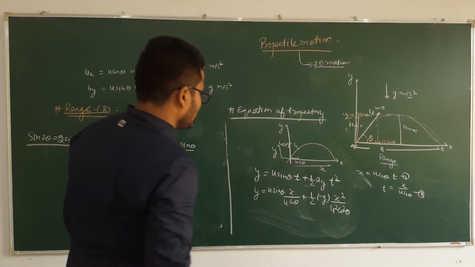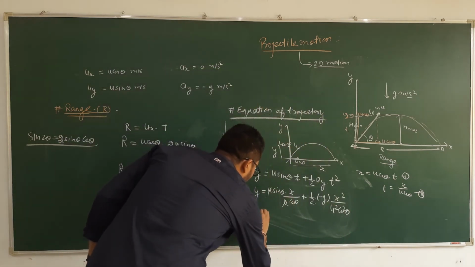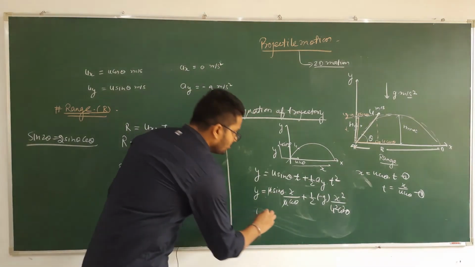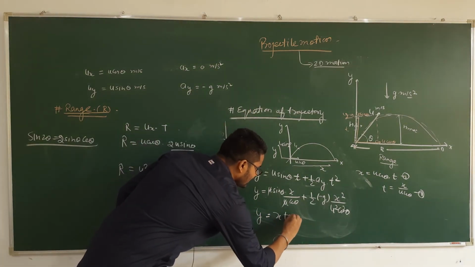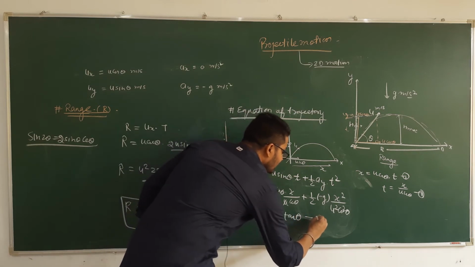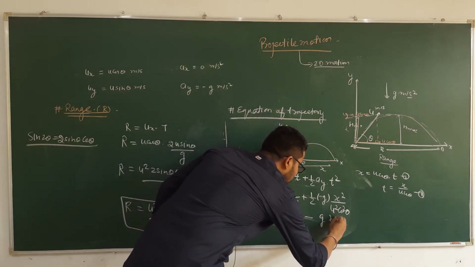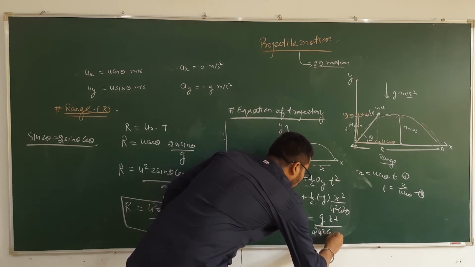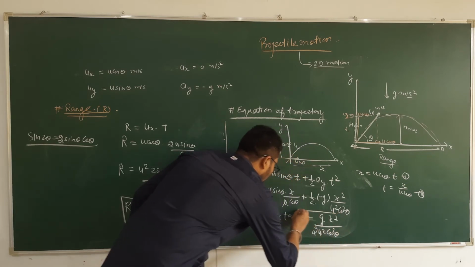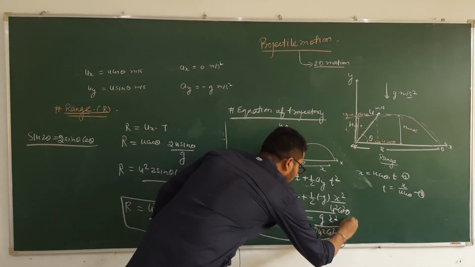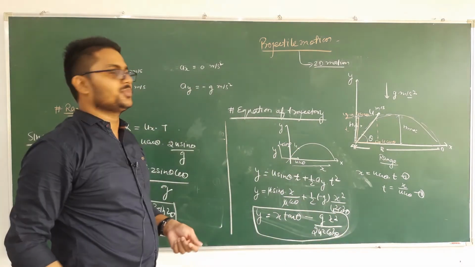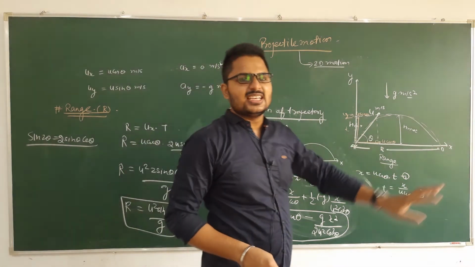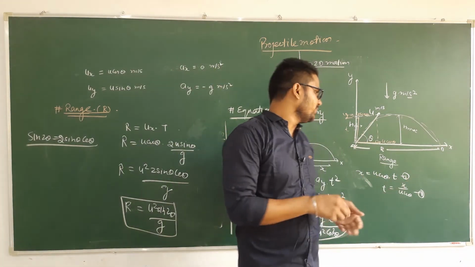Okay, the equation of trajectory is y is equal to x tan theta minus g x square upon 2 u square cos square theta. This is the equation of trajectory. Okay, so next we will discuss some questions on trajectory. Let's see.